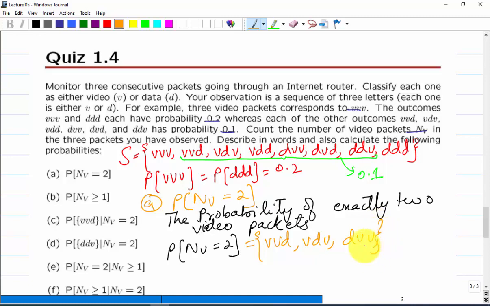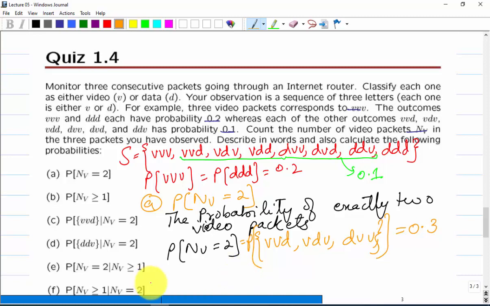The probability of each outcome is 0.1, so we just add their probabilities individually, and that comes out to be 0.3.